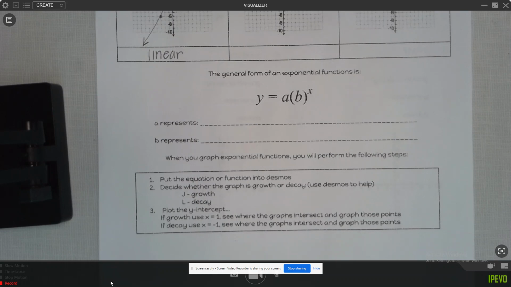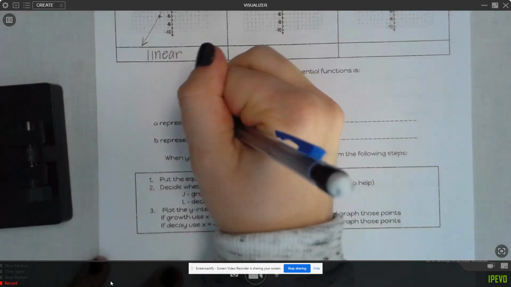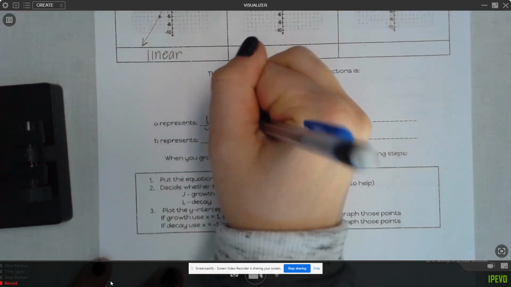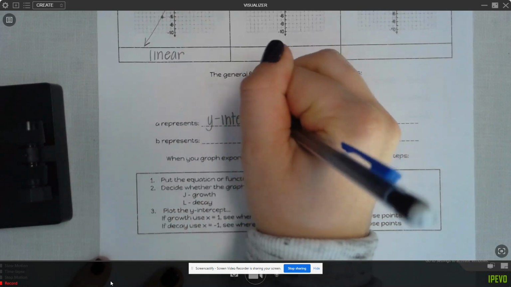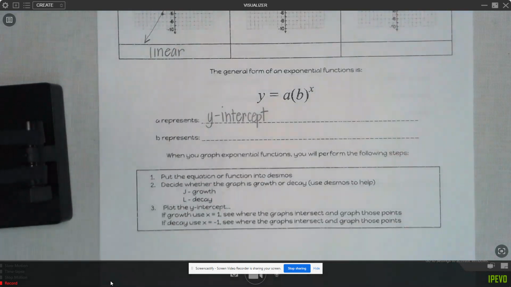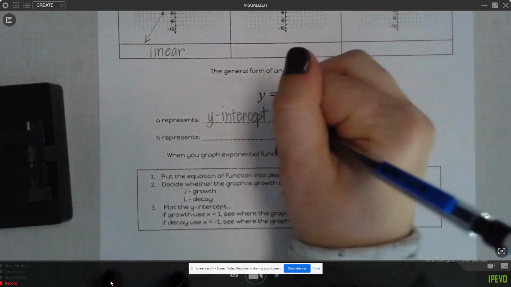Now, a. I want you to write this down. A is my y-intercept. You also hear something else.